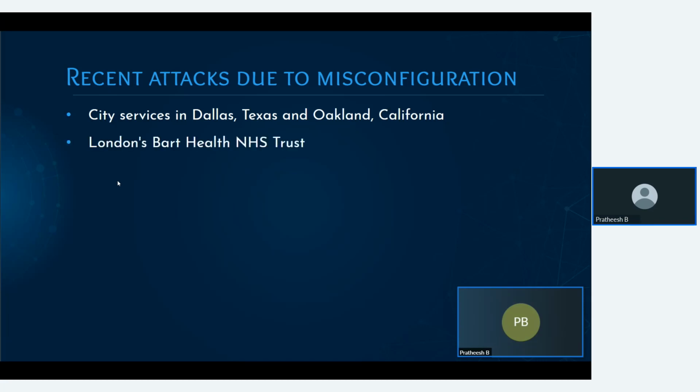Also, in July 2023, the Bath Health NHS Trust in London was the victim of a ransomware attack that exposed the personal data of around 2.5 million patients. The attack was carried out by the Russian ransomware gang BlackCat, also known as ALPHV, which has a history of targeting healthcare providers. BlackCat claims to have stolen 70 TB of data, including CVs, financial reports, and internal hospital information.